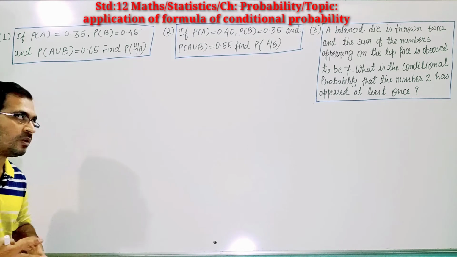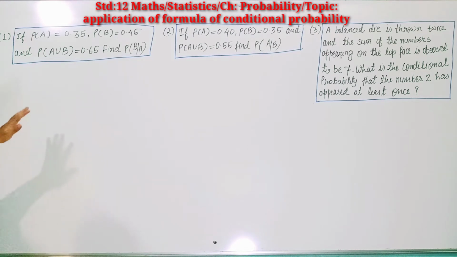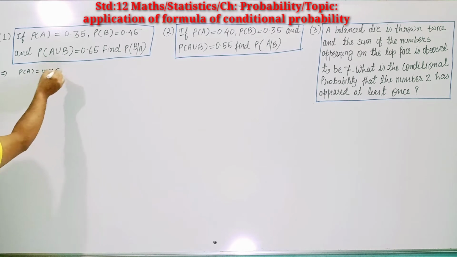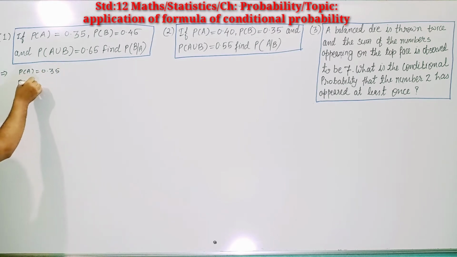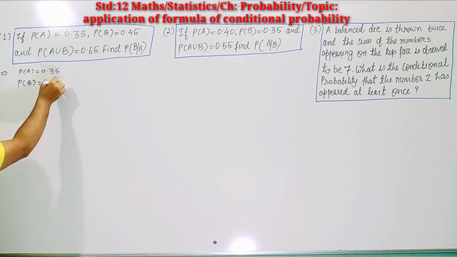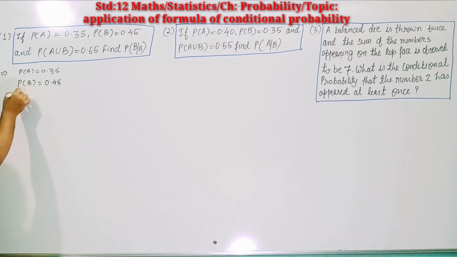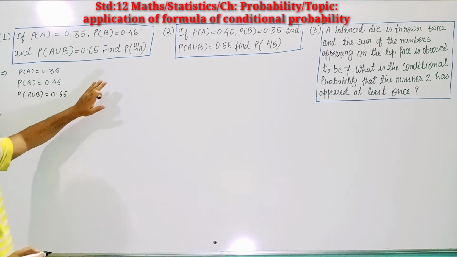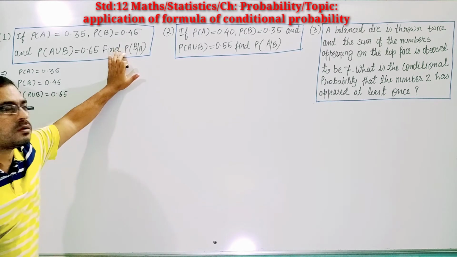Okay students, according to the data, probability of A is 0.35, probability of B is 0.45, and probability of A union B is 0.65. Students, what do we have to find out?